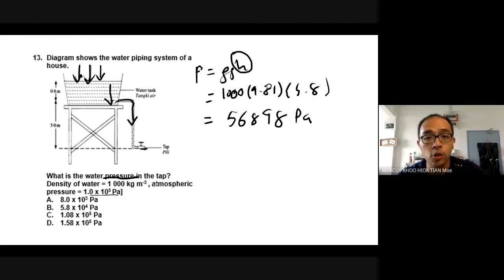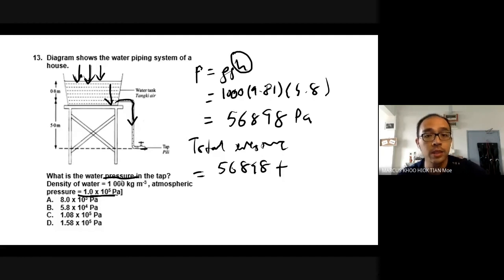Okay, so the total pressure will be 56,898 plus the atmospheric pressure, which is 1.0 times 10 to the power of 5. I'm too lazy to think about how many zeros there are.